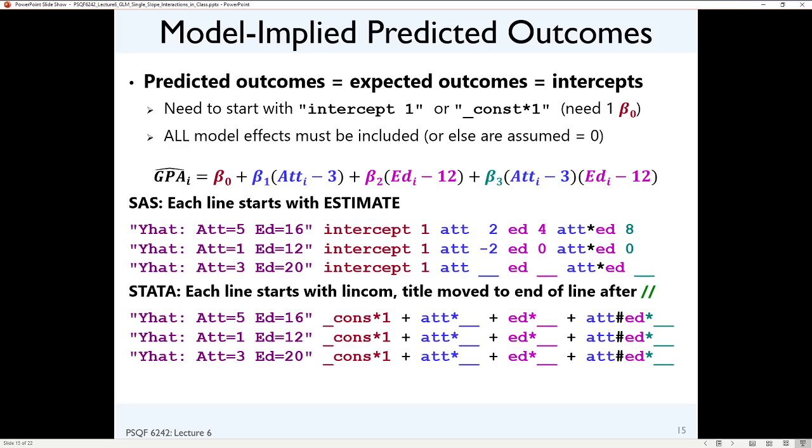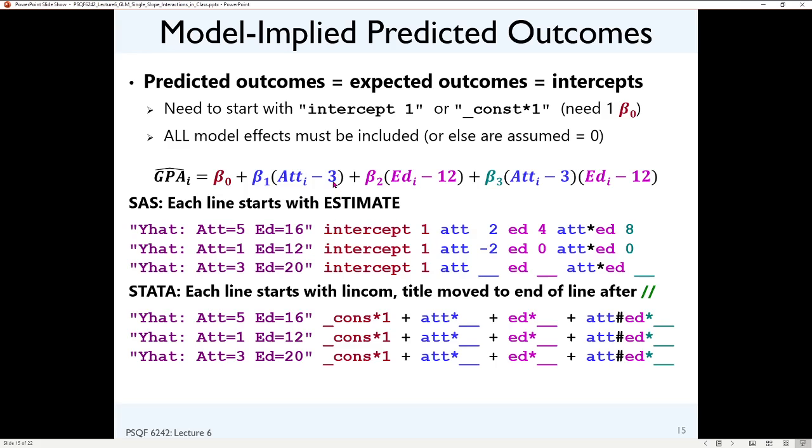But for instance, if I had wanted to create a predicted outcome for somebody who has a high level of attitudes about the importance of education, so a value of 5, as well as 16 years of education, then to fill in this equation with those corresponding values, I would put a 1 next to the intercept, because what I'm saying is I need 1 beta 0.